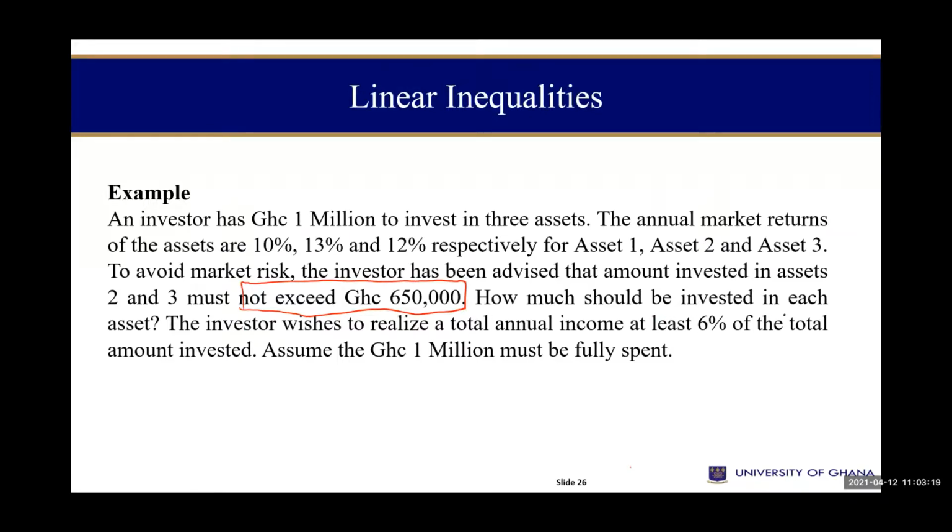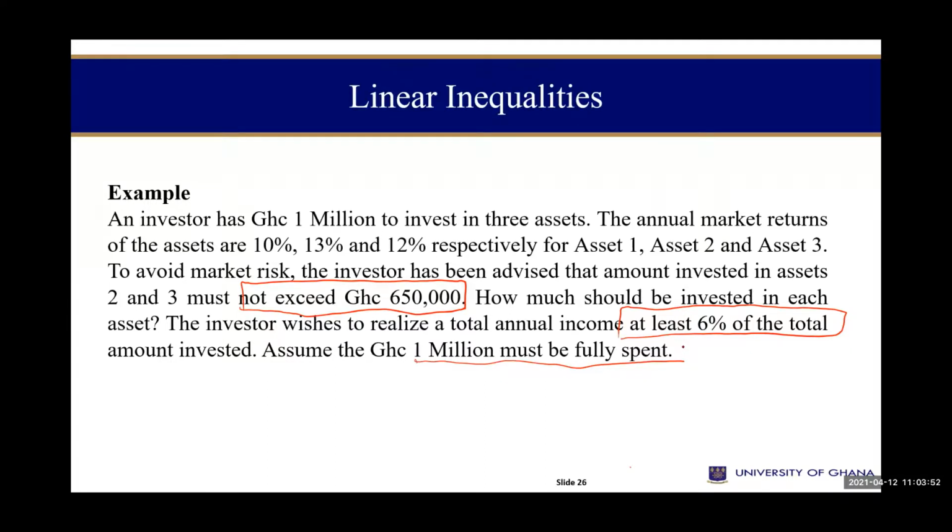How much should be invested in each asset? The investor wishes to realize a total income of at least 6% of the total annual amount invested, and assume 1 million must be fully what? Spent. So we need to formulate the problem for this, or transform all these into a linear equation form.